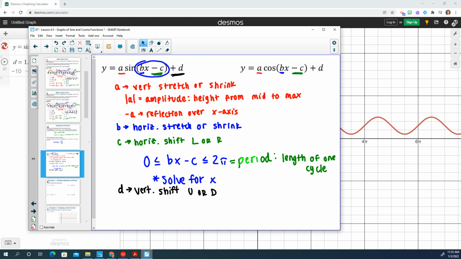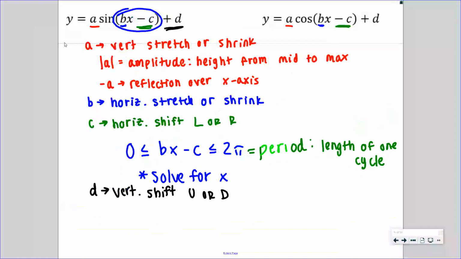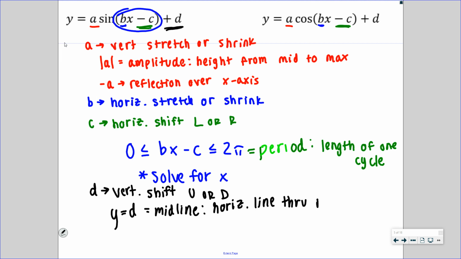Good. So y equals D. If it's a shift up or down, that's going to be your new midline, which is the horizontal line through the middle of the curve.